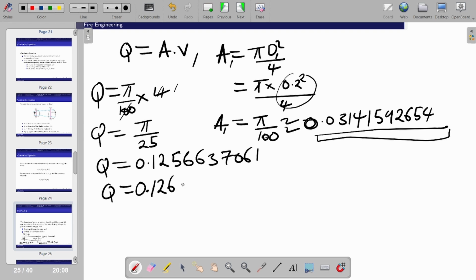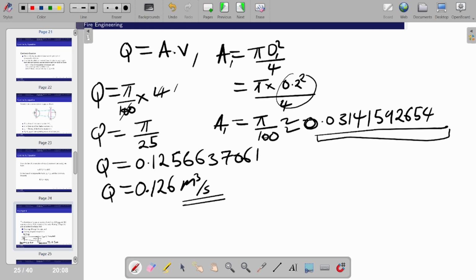So 0.126 cubic meters per second. These are the units: cubic meters, the volume of water which is passing through that section of the pipe every second.